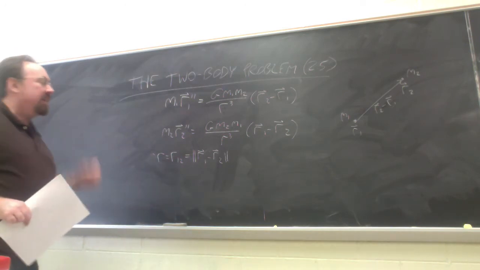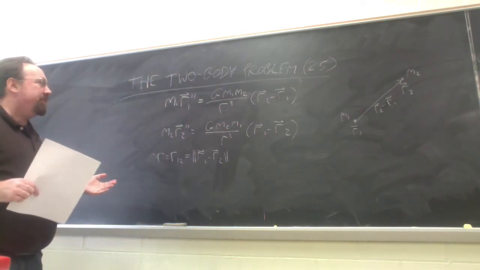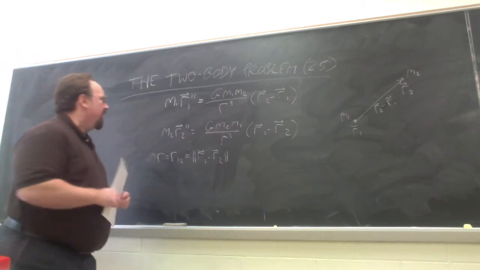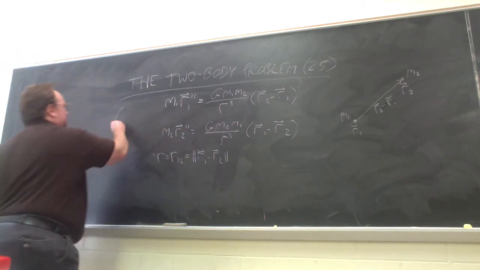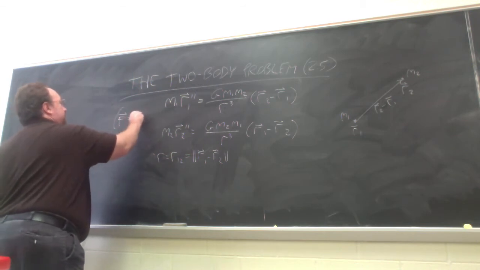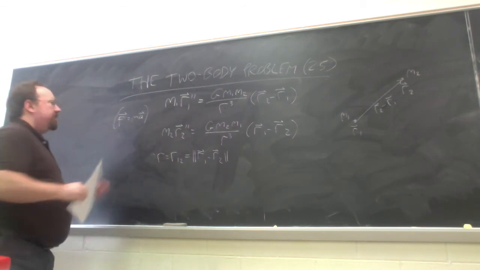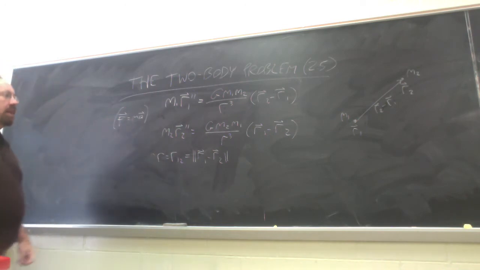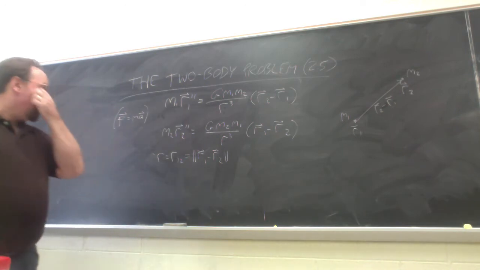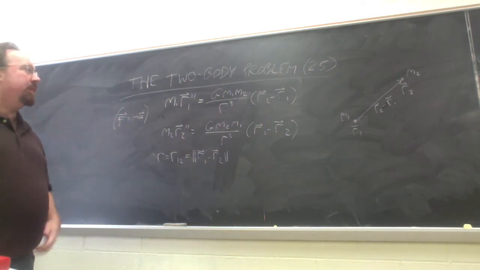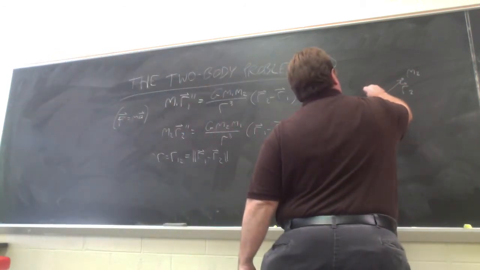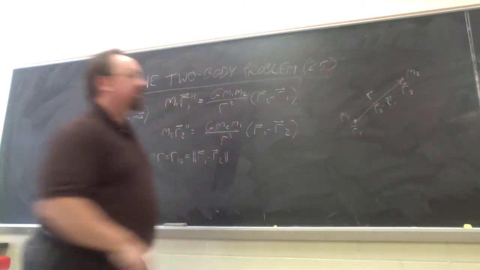So given the gravitational attraction between them, these relationships are just Newton's second law, F equals ma. The left side of these equations is the right side of Newton's second law, and the right side is the gravitational force between them, which is proportional to 1 over the distance between them squared. So little r is this distance.